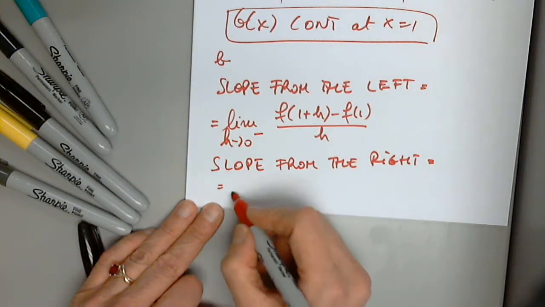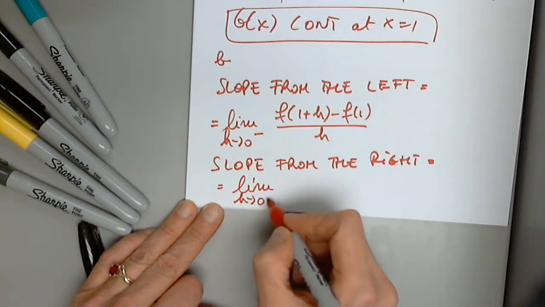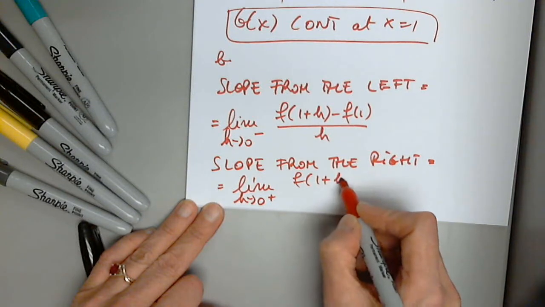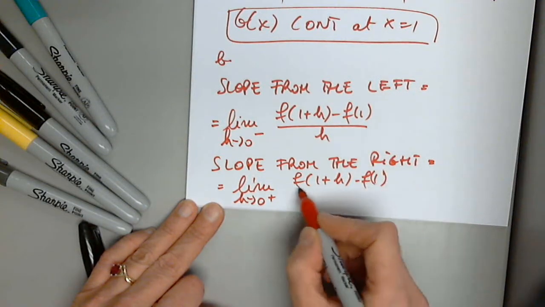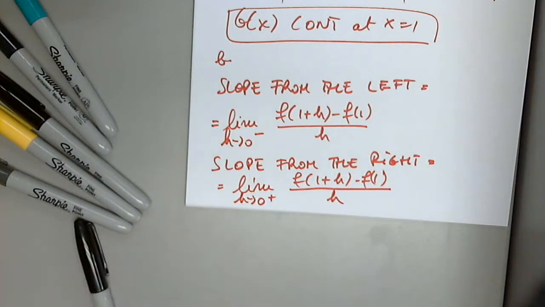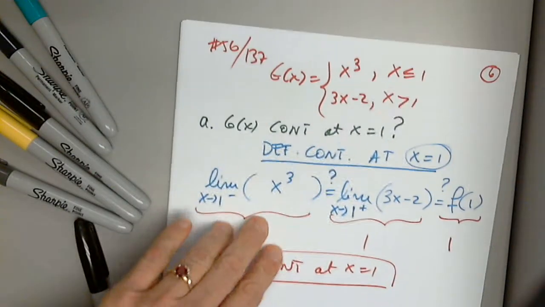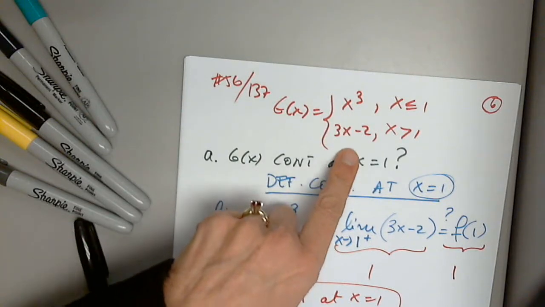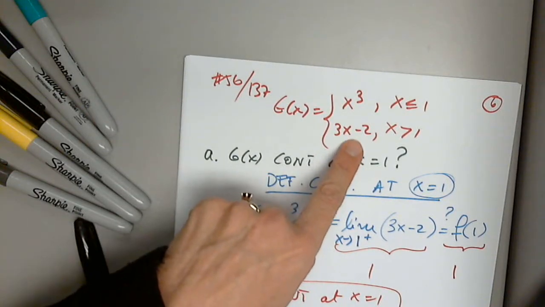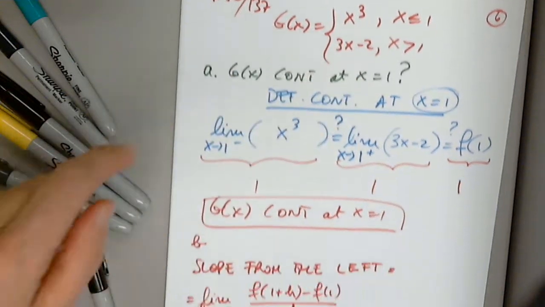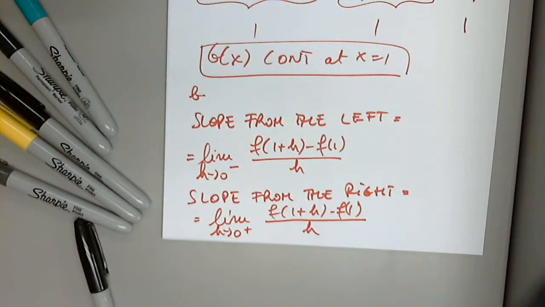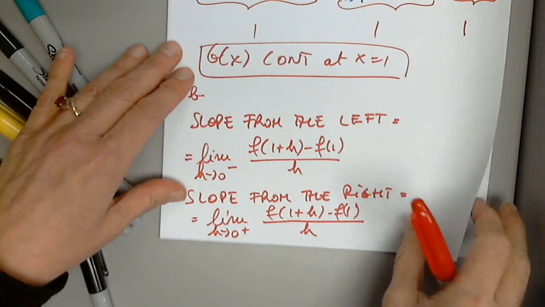The limit as h approaches 0 plus of f of 1 plus h minus f of 1 over h. Yes, they will be different because I have to use different functions. From the left I will use x cubed, and from the right I will have to use 3x minus 2. So they will be different, although the definitions are the same except 0 from the left or 0 from the right, but the functions will be different. Very good.